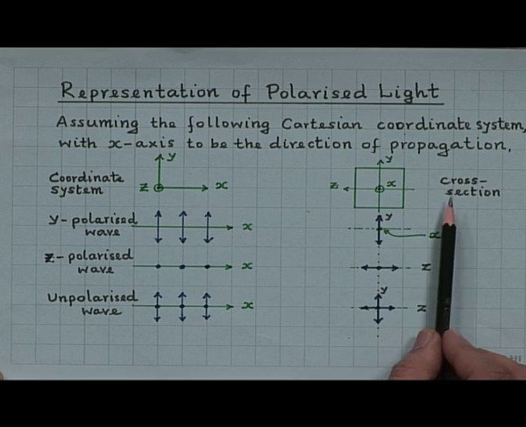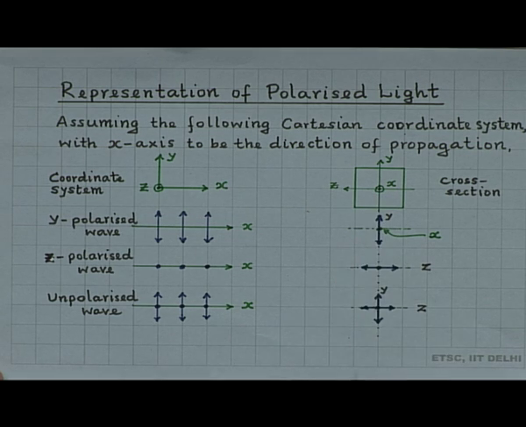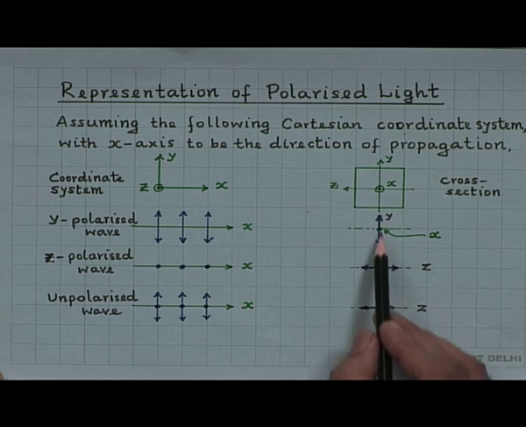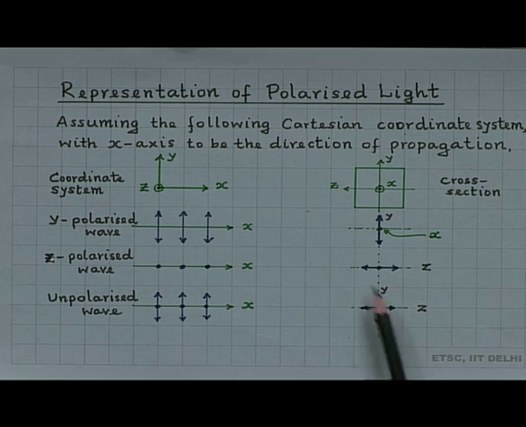So, in the yz plane, x is coming out of the paper. Y polarized light will look like this and z polarized light will look like this. It is horizontal and this is vertical, and an unpolarized wave can be represented by two arrows, all of them double-sided arrows.